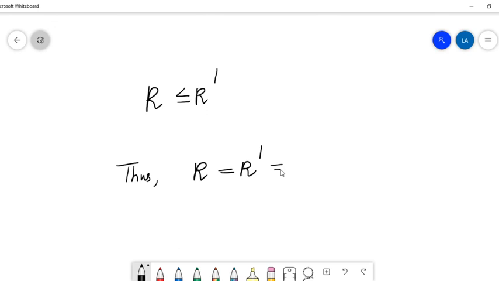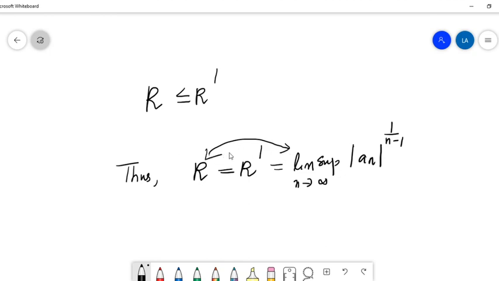So what was R dash? R dash was limit supremum of modulus of a_n the whole raised to 1 by n, minus 1, as n tends to infinity. We had earlier said that we had to prove capital R and the term on the right are the same. So what we have now proved is this.